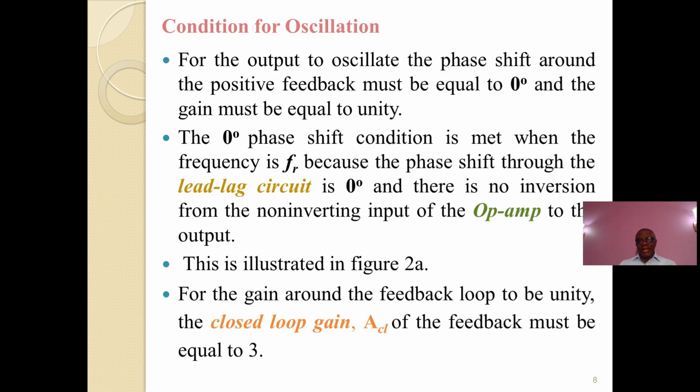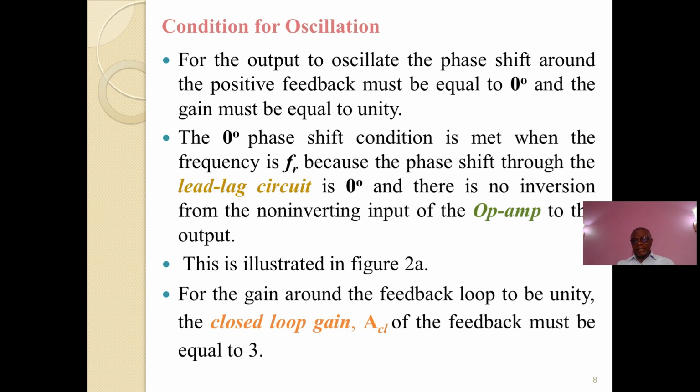Now, for the gain around the feedback loop to be unity, it means that the closed loop gain ACL of the feedback must be equal to 3. Remember, the attenuation V out over V in is equal to 1 over 3.